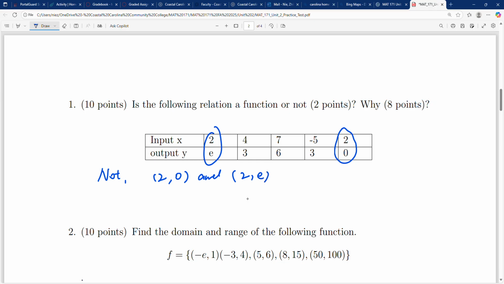These 2 points match with the same input, sorry, match with 2 outputs.